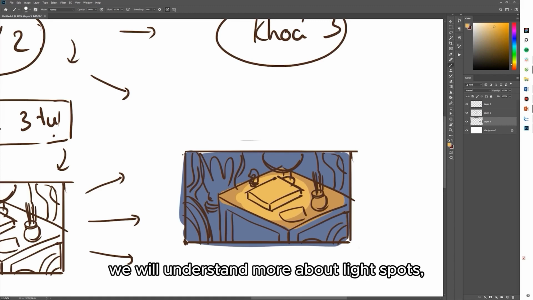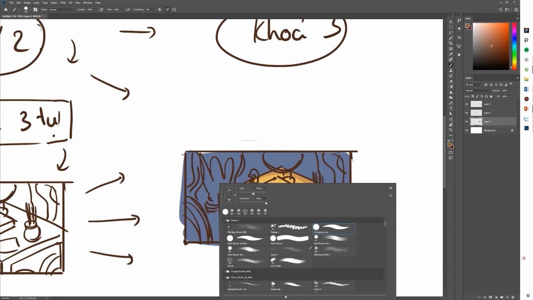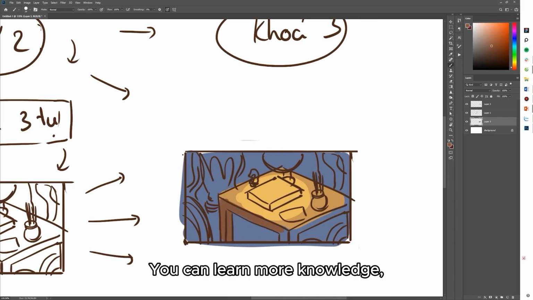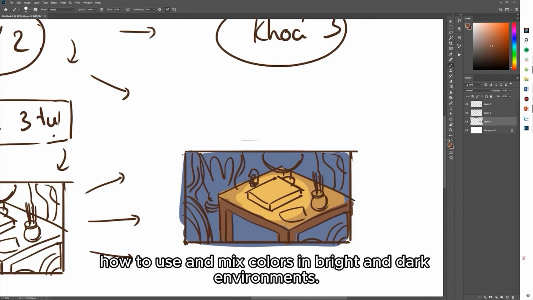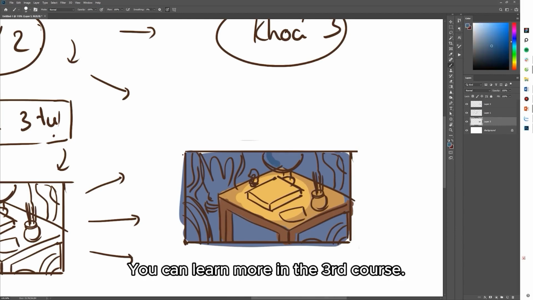We will understand more about light spots, some ways to create effects for paintings, and so on. You can learn more knowledge, how to use and mix colors in bright and dark environments. You can learn more in the third course.